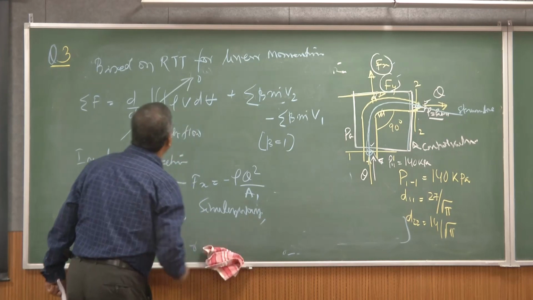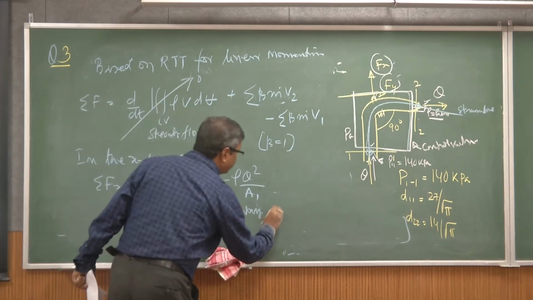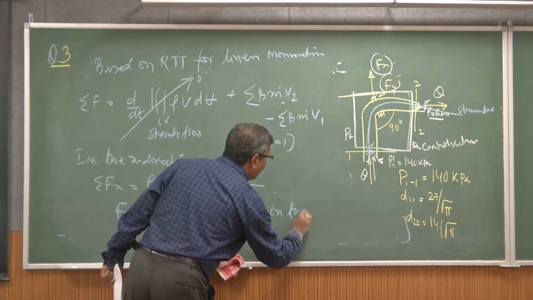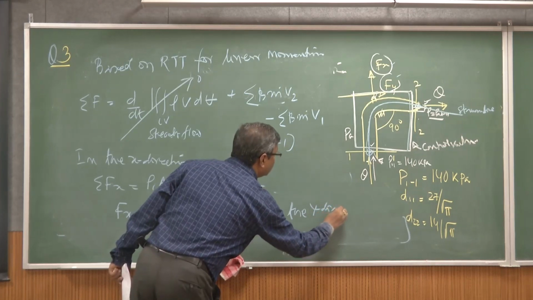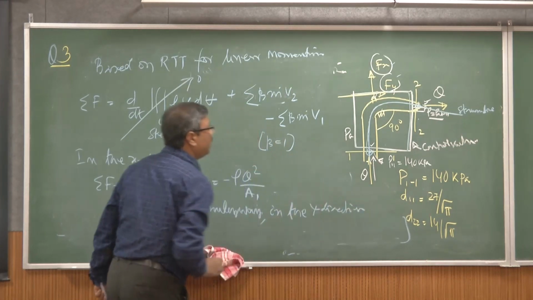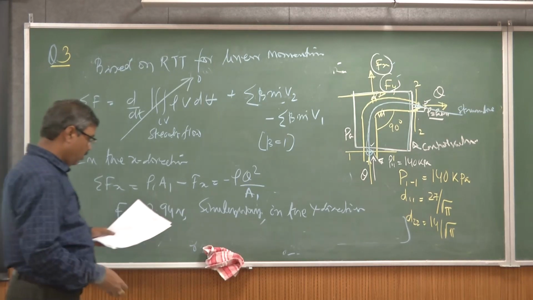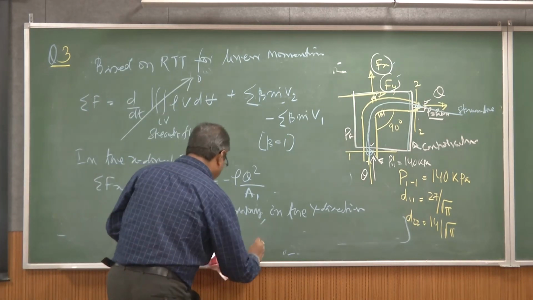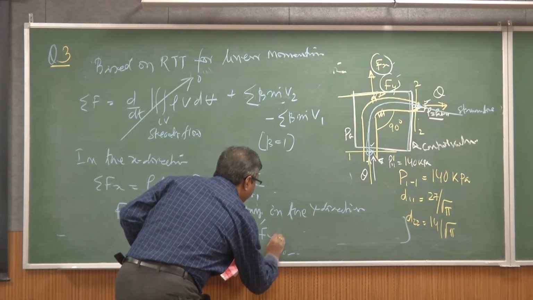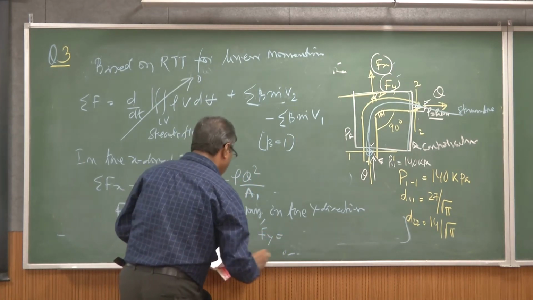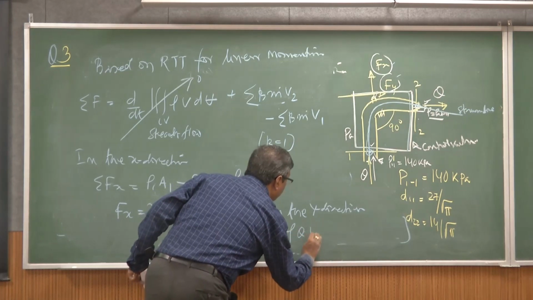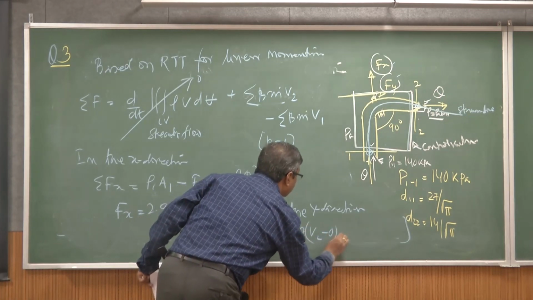Similarly, if I apply in the y direction, I'm not doing the detailed equations for the y direction, we'll also get Fy equal to rho Q V2 minus 0.